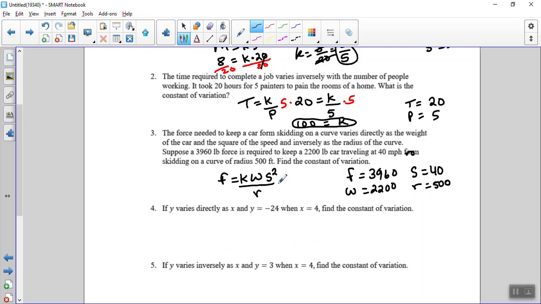So I'm going to have to substitute all of these numbers. So, oh, I don't want to put an equal sign.